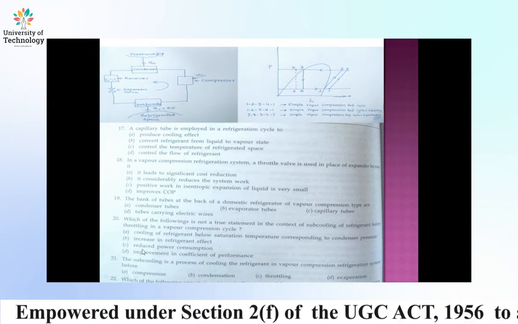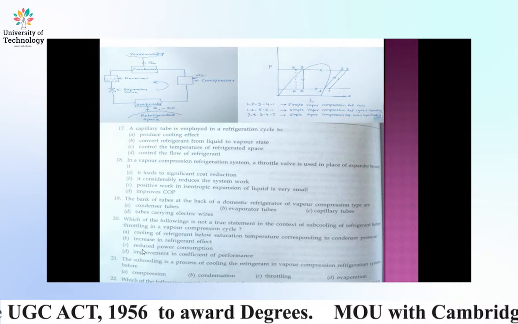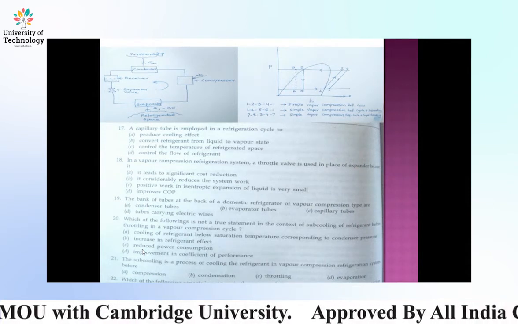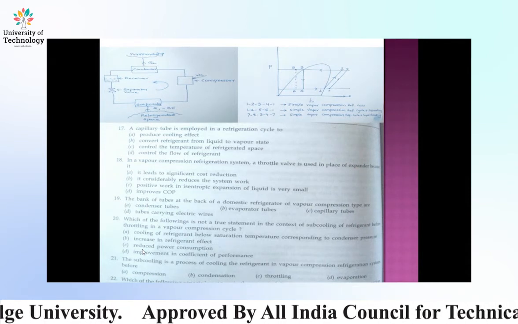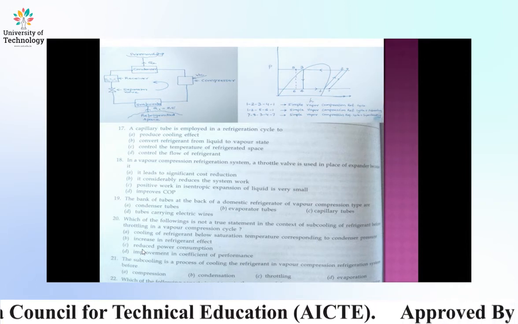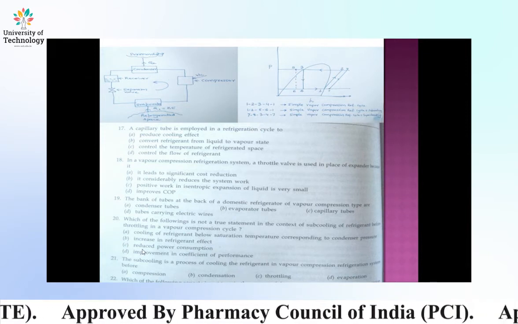Question 21. Subcooling is a process of cooling the refrigerant in a vapor compression refrigeration system before. Where is subcooling?